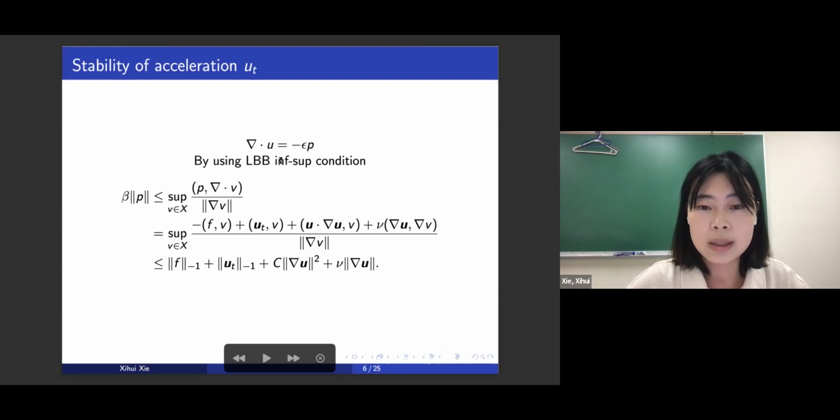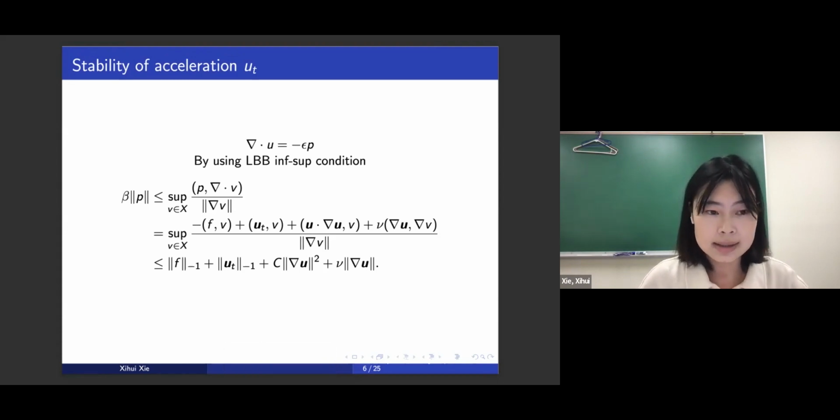And using the LBB inf-sup condition, we have this left-hand side, the pressure norm, is bounded by this right-hand side. The first term on the right-hand side is the problem data, and the last two are bounded from the previous stability bounds.